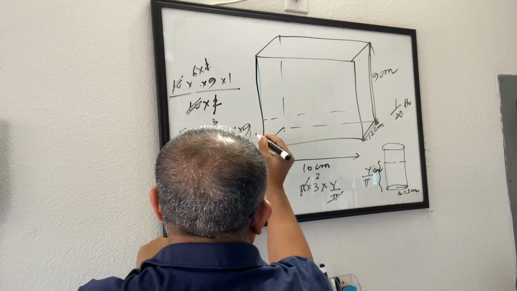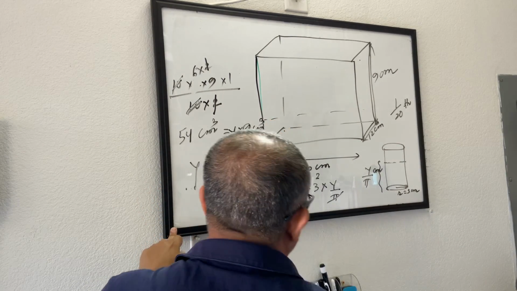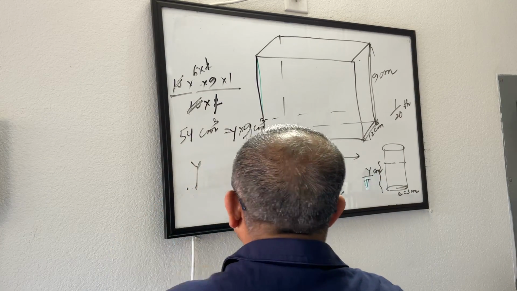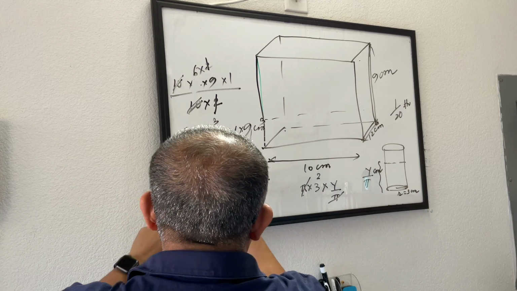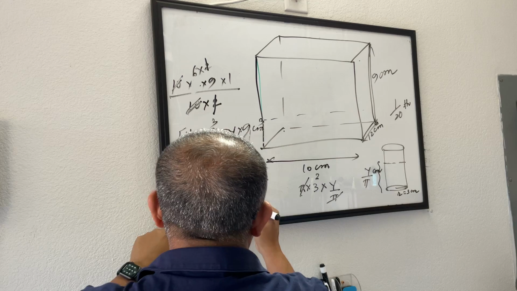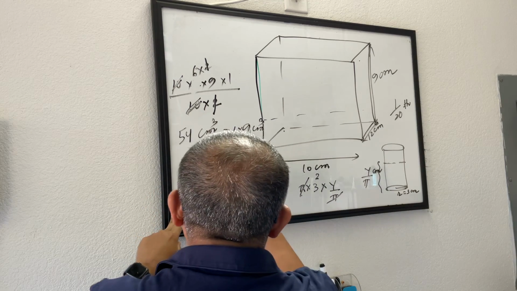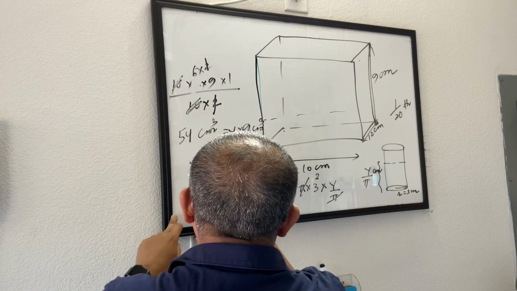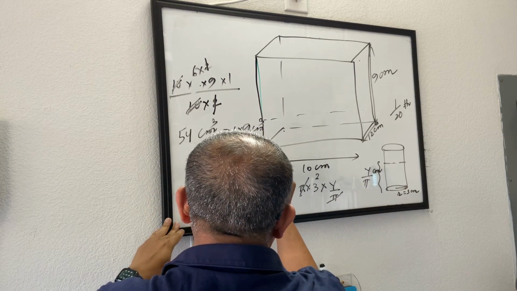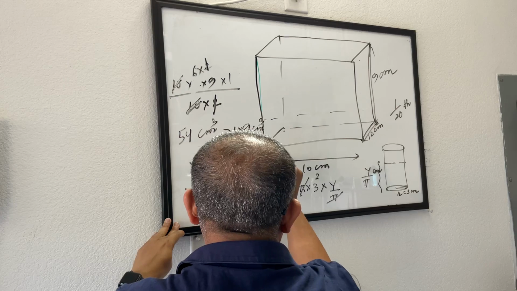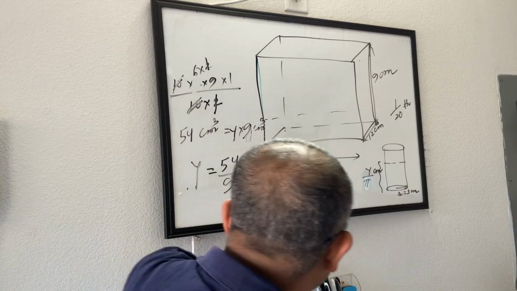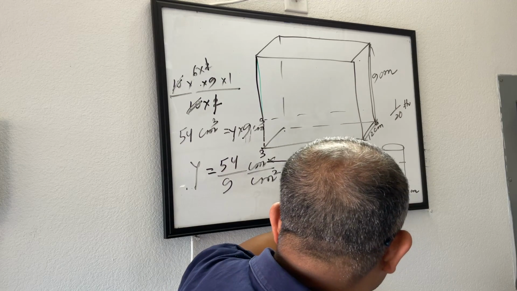So, this many centimeter cube, y equals, I'll get the 9 here and centimeter cube here. So 54, it goes like this, right? So this y, 9 will come down and then centimeter cube by centimeter square. Here you have pi r square, 3 centimeter square.